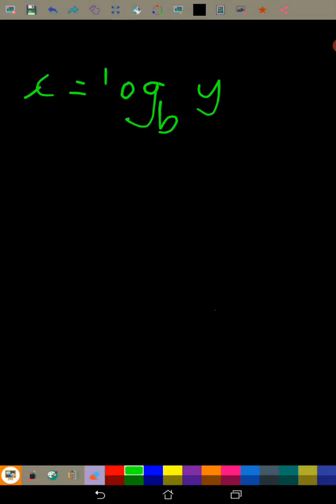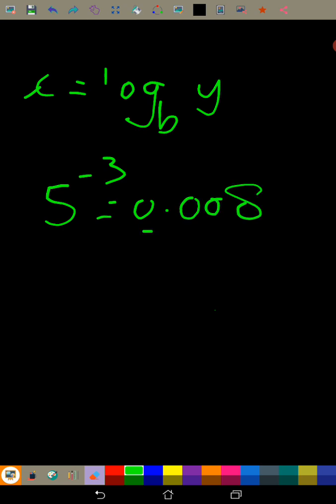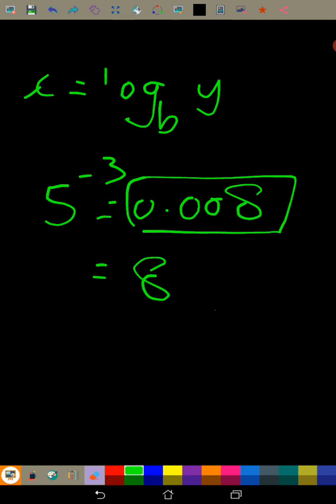So we have this given to us. This is equal to 0.008. So we can rewrite this, I think. What if we write it like 8 times 10 to the power of minus 3, I think. Yeah.